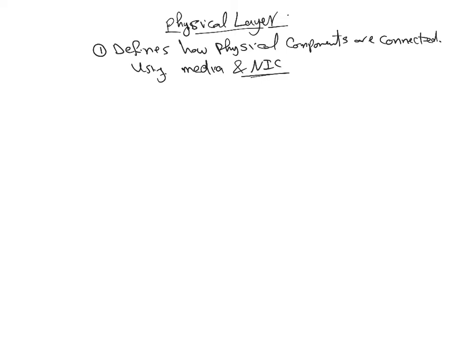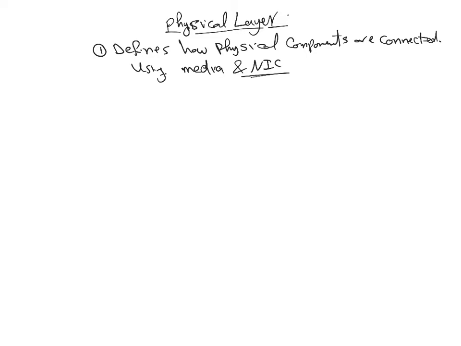This network interface card connects the device either using a cable, with physical connectors like RJ45, which you will see in the lab, or using an antenna in the case of wireless. So the physical layer defines how these physical components are connected using these cables and the network interface card.